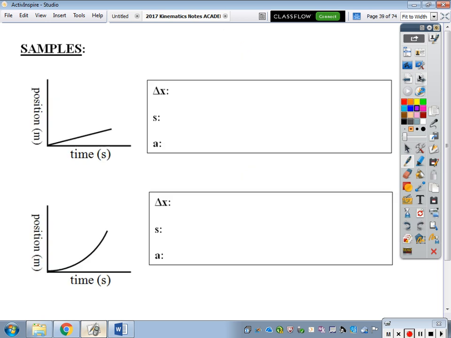Let's do a couple of quick examples here together. Our first sample, position versus time. We see we have a positive slope. Remember that slope determines the displacement on a position versus time graph, so we would have a positive displacement. A straight line tells us that our speed has to be constant.